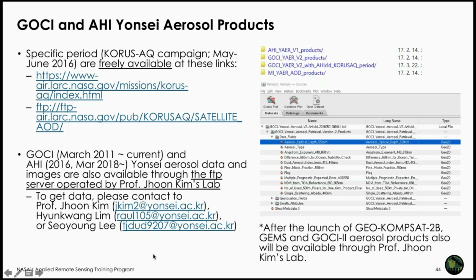I wrote down the email address here. Also, after the launch of GeoKompsat 2B, GEMS and GOCI-2 aerosol products will also be available through Professor Jhoon Kim's lab. So please contact us about this data in the near future.